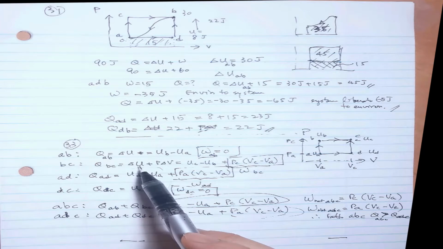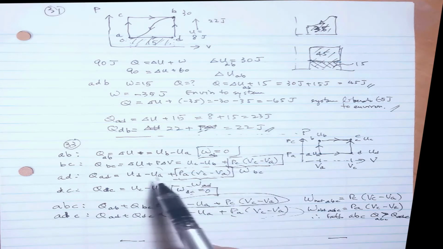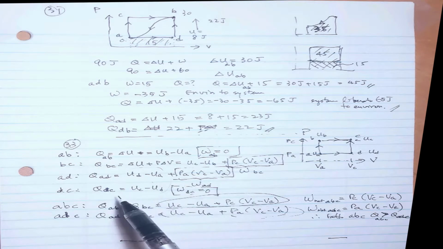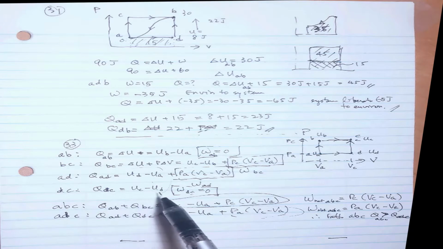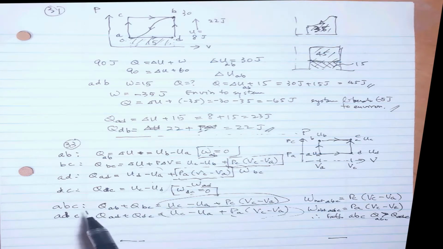And QBC is UC minus UB plus PC times (VC minus VB), that's correct. I'm just checking the answer right now, and this is correct. And then QDC is UC minus UD, no, that's 0, that's correct. And then QABC is UC minus UA plus PC times (VC minus VA), that's correct.